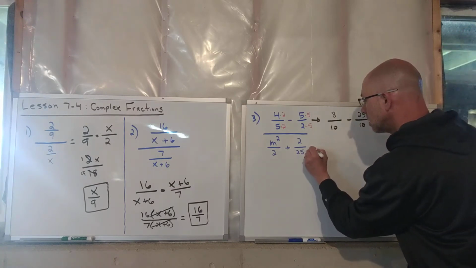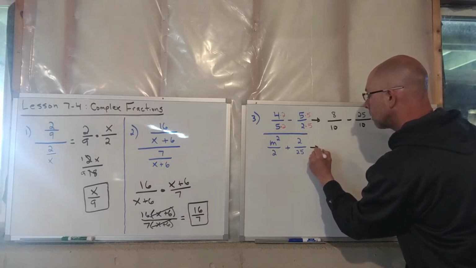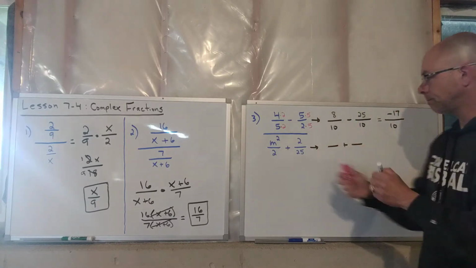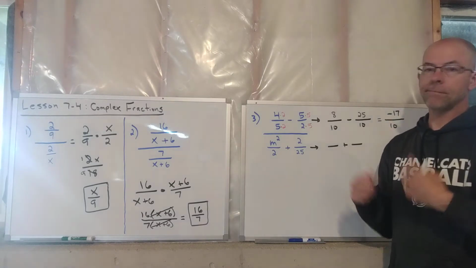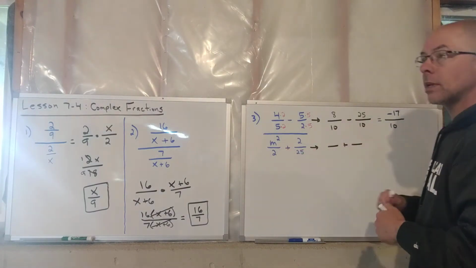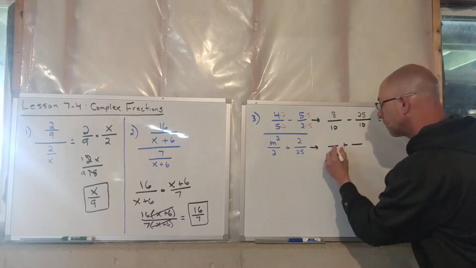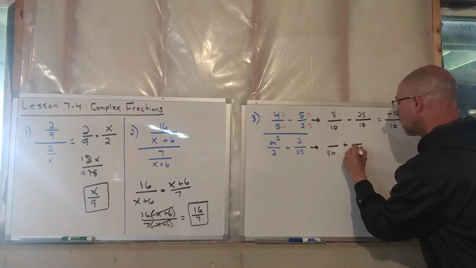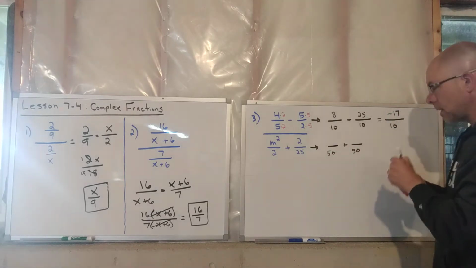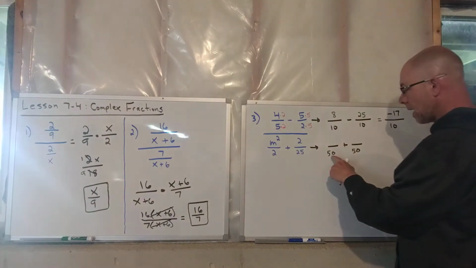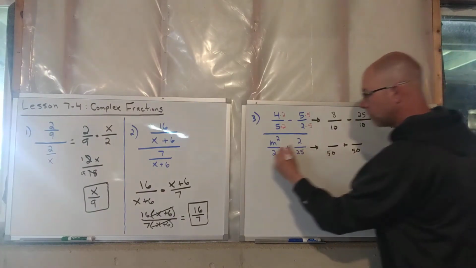Now this set of denominators, 2 and 25, they don't share factors, so we just go 2 times 25 and have to do 50. So the common denominator will be 50. And I ask the same questions as before. How does a 2 turn into a 50?